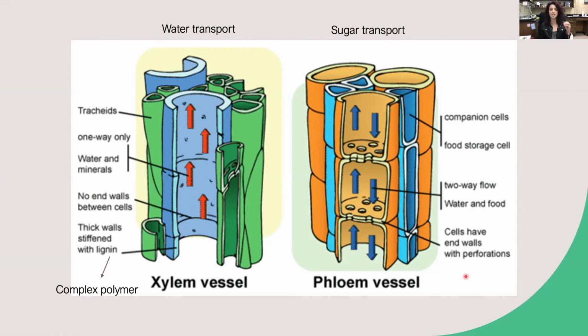These are called conducting cells, and together the xylem and the phloem tissues form the vascular system in our plants. So they both work together to allow the vascular plant to receive nutrients and water from its surroundings and not the immediate locale in which it's situated. So that's one key adaptation.